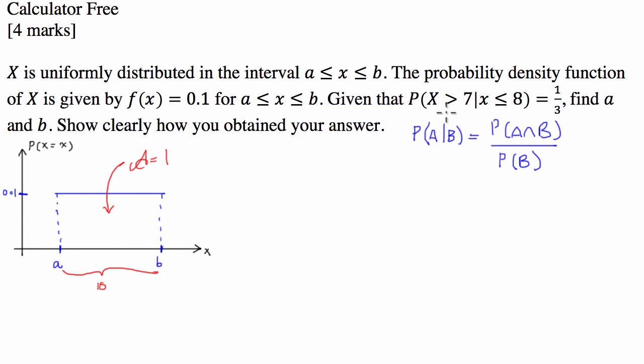So the probability that x is greater than 7 given that x is less than 8. We first have to find the probability that x is greater than 7 and less than 8. We can just write that as a domain: x is greater than 7 but less than or equal to 8.